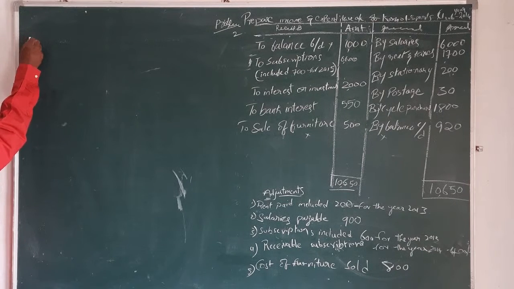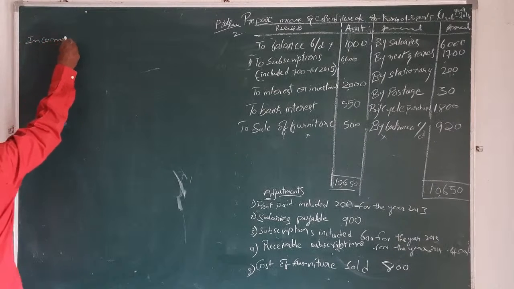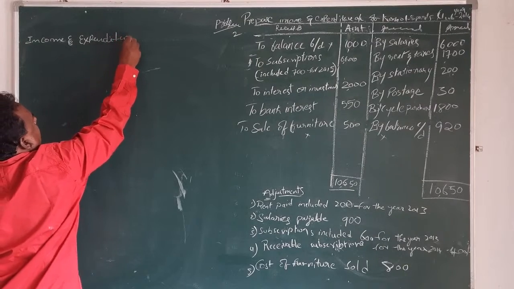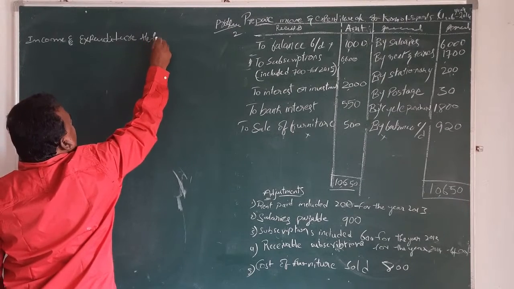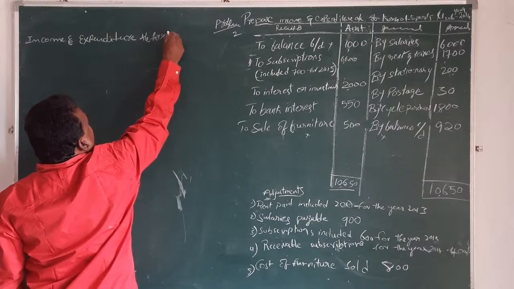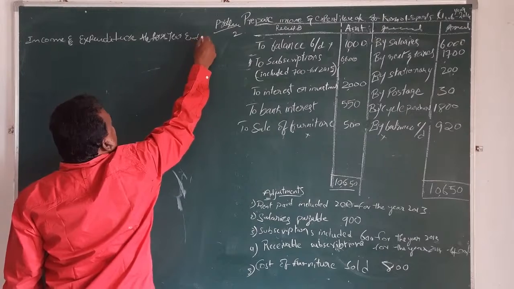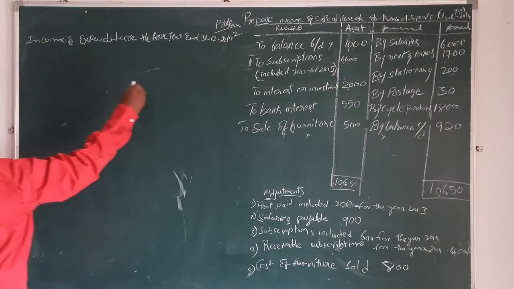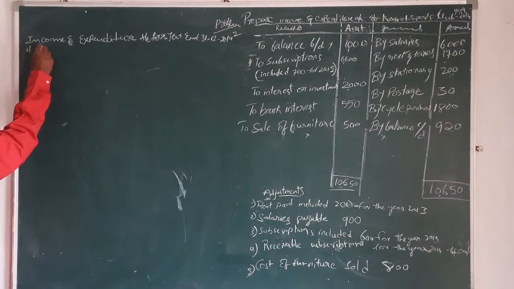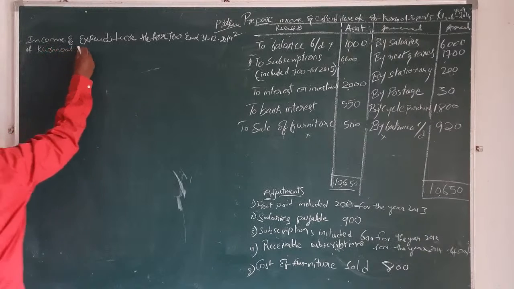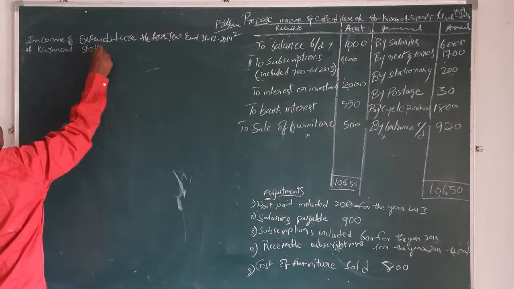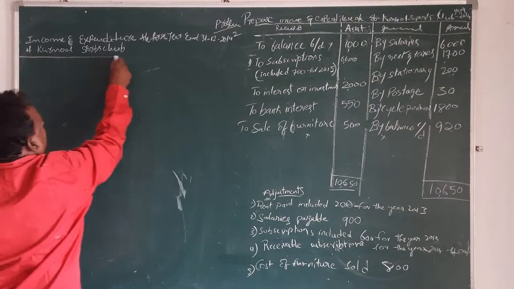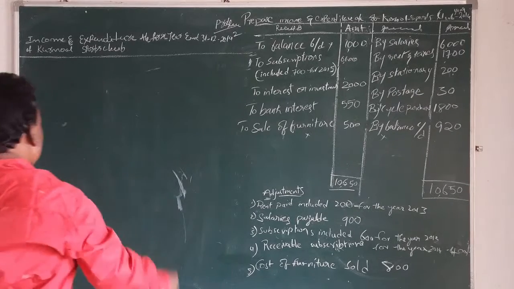Income and expenditure account for the year ended 31st December 2014 of Kurnool Sports Club.